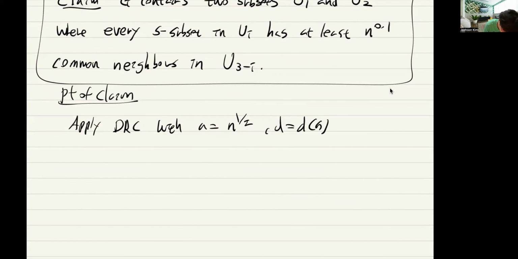Then let T be the average degree, and then let r be 3.5s, and then let t be 4s, and m be n to the 0.1.